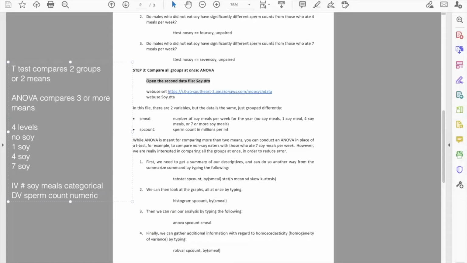Okay? Now this is really important because one of the assumptions of ANOVA is that our independent variable is categorical. So in this unit, if you have an independent variable that's numeric, you know that regression is going to be best suited. However, if the independent variable is categorical, ANOVA or t-test is probably going to be what you want to consider.